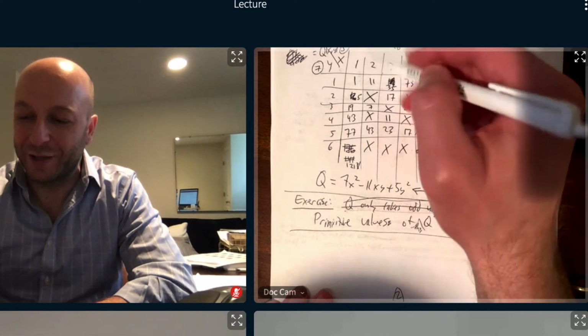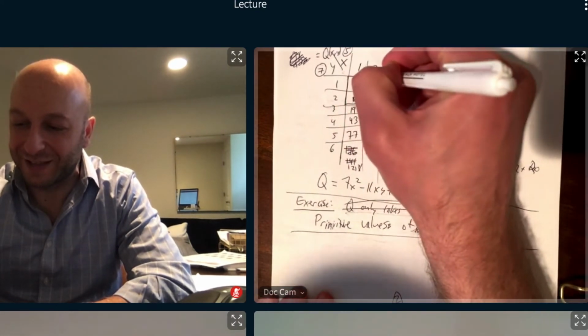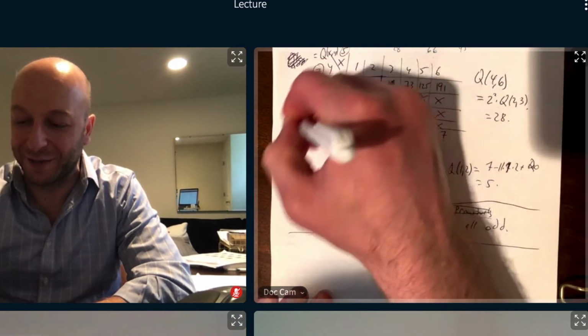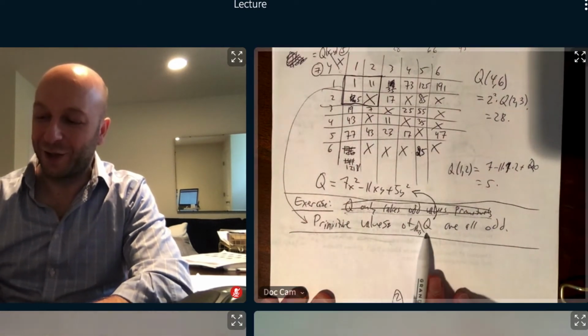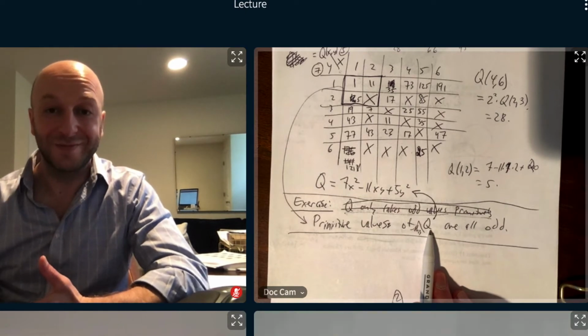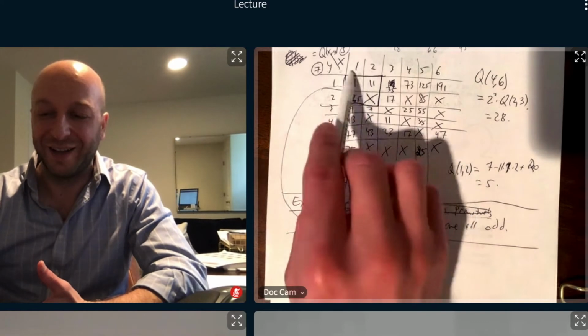If you just look in this first corner, here's the solution to the exercise. The solution to the exercise is that modular arithmetic is arithmetic. In other words, if I want to know what the values of Q are, mod 2, just reduce Q mod 2. But that means the only x's and y's to check are the ones mod 2.